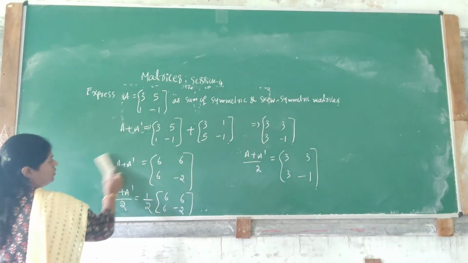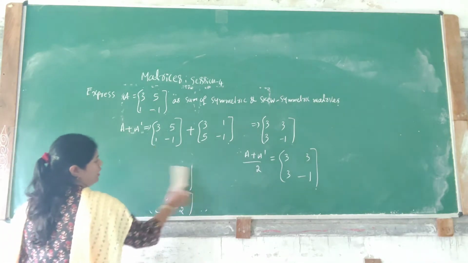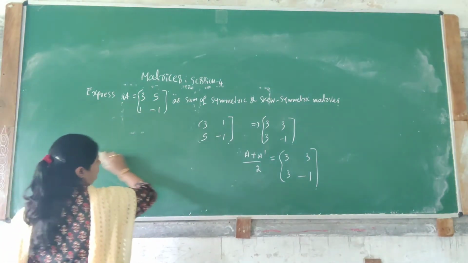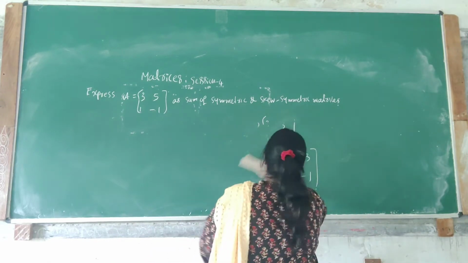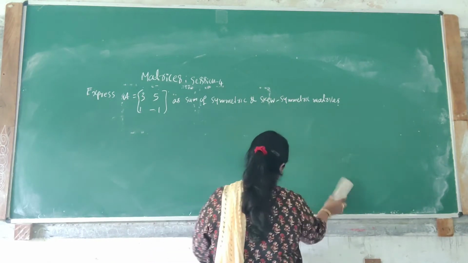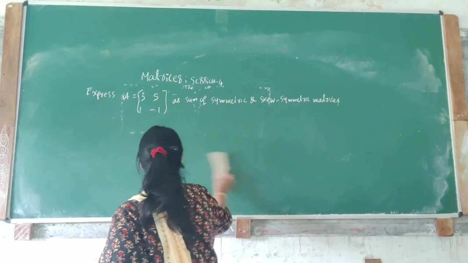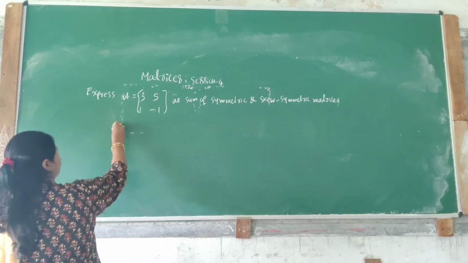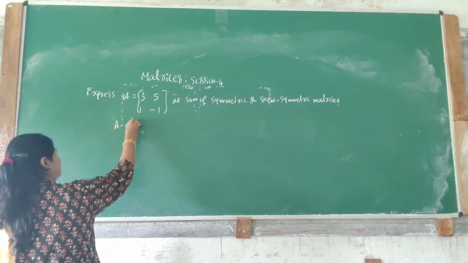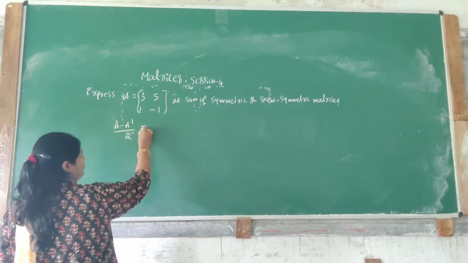Next, what we have to do? Next we have to go for A minus A dash, A minus A dash divided by 2.